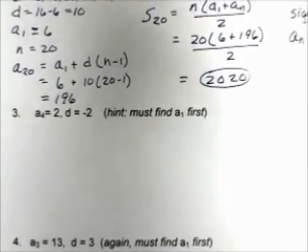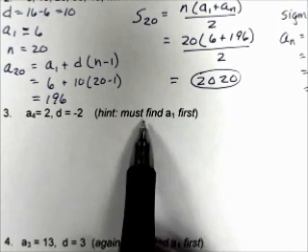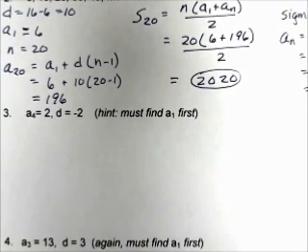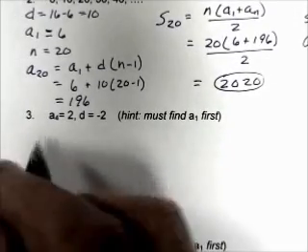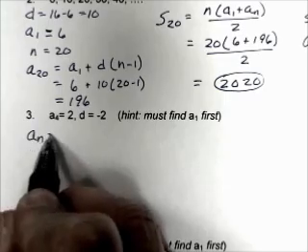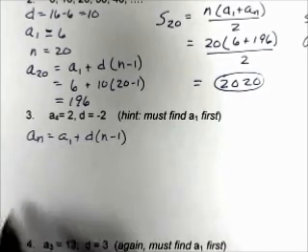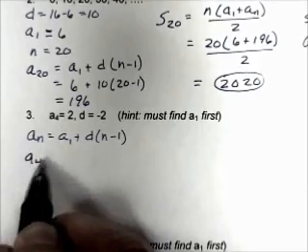We have the fourth term is 2. D is negative 2. We need to find A1 first. We know what the fourth term is. So let's take a sub n equals a1 plus d times n minus 1, and we're putting in 4 because we know what that is.